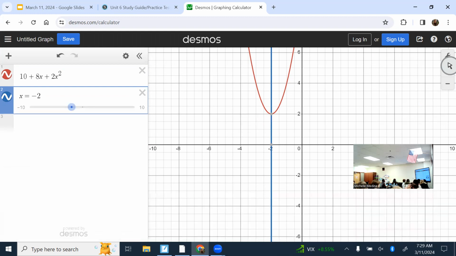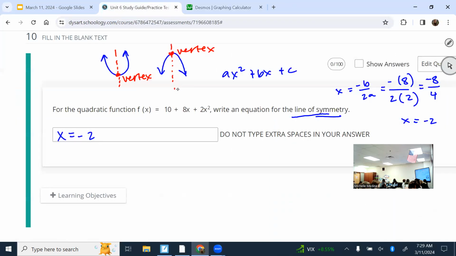Or you can completely forget how to solve and look at your vertex. It's going to be the x of your vertex. So x equals has to be in there so that it makes a line, and then whatever the x of your vertex is. Okay, questions on that? Questions on others? Brady?